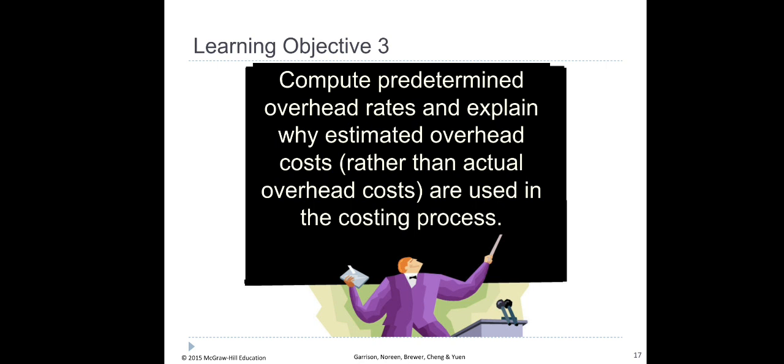You have seen the way to calculate direct material cost for a job, and then you have seen the way to calculate direct labor cost for a job. And now you will see the way to calculate overhead cost for a job. Okay, see here the learning objective is to compute overhead cost for a job or product.